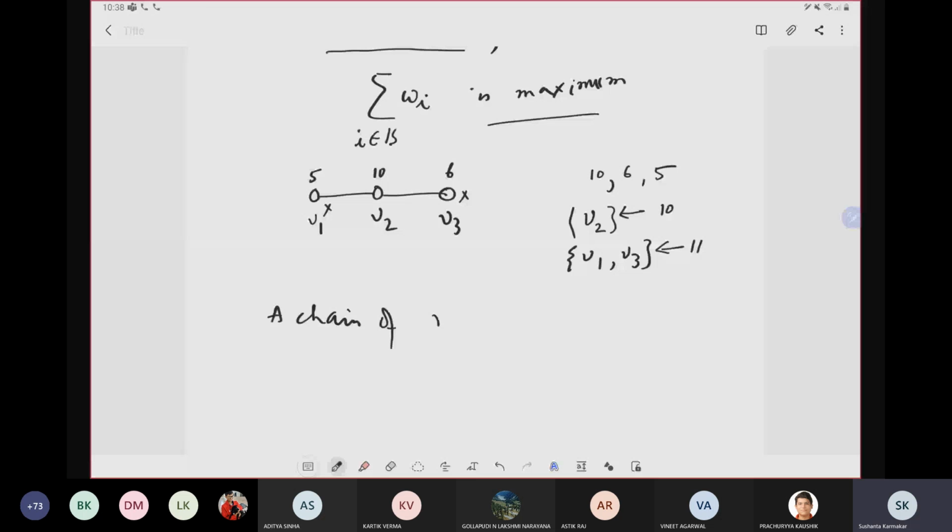So basically, the trick here is which subset of vertices is an independent set, with two properties.